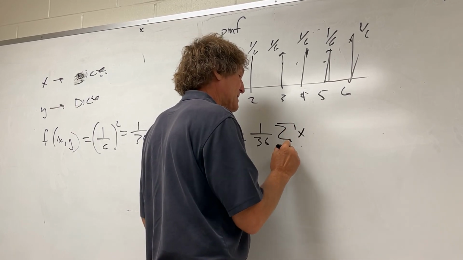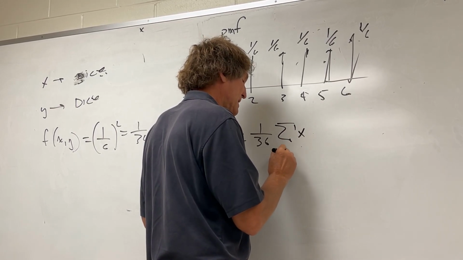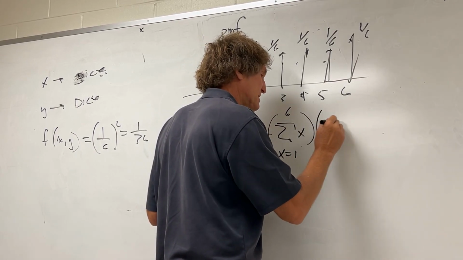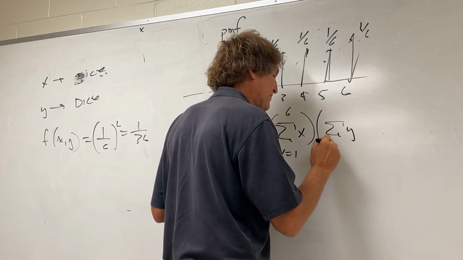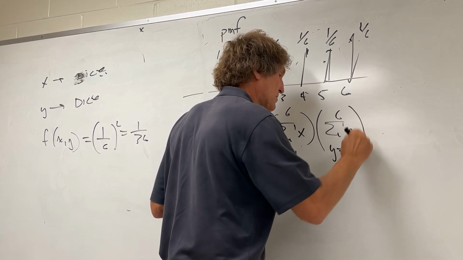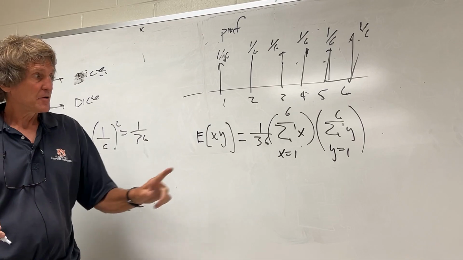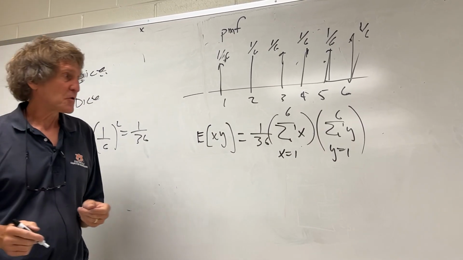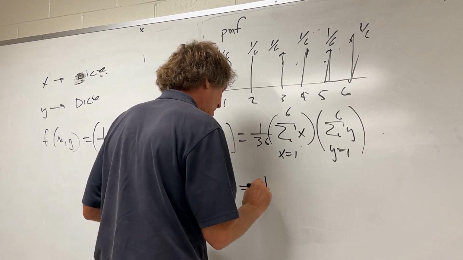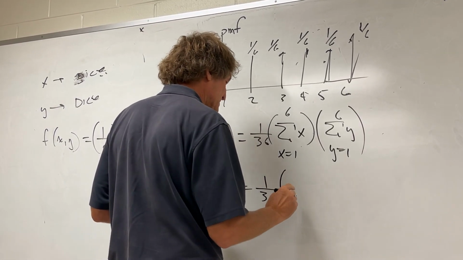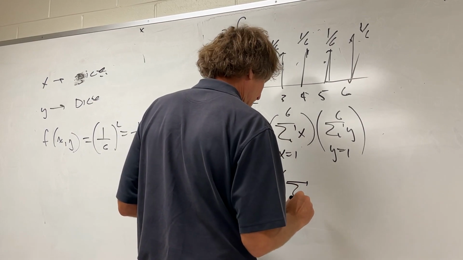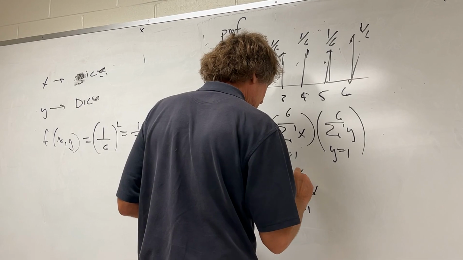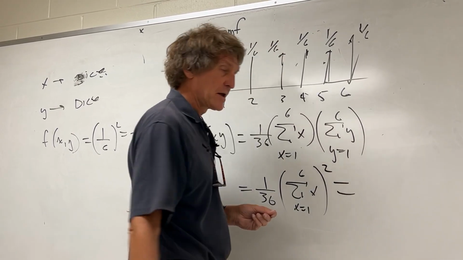Then you do the sum of x for x equal 1 to 6, times the summation of y from y equal 1 to 6, correct? Now, you'll notice those two are going to be the same thing, isn't it, class? So this is 1/36 times the summation of x from 1 to 6, squared. And what's that going to be?